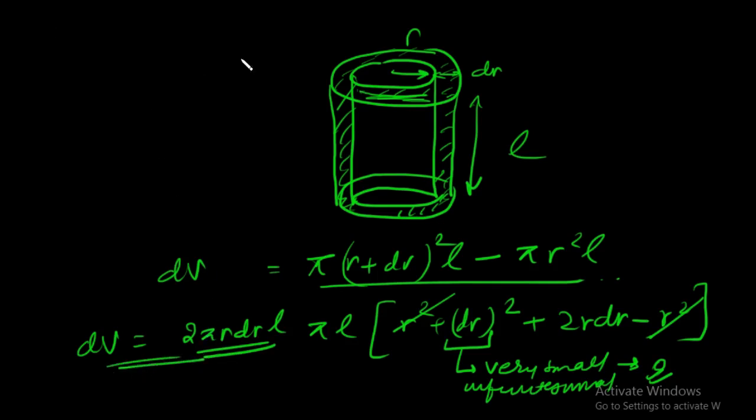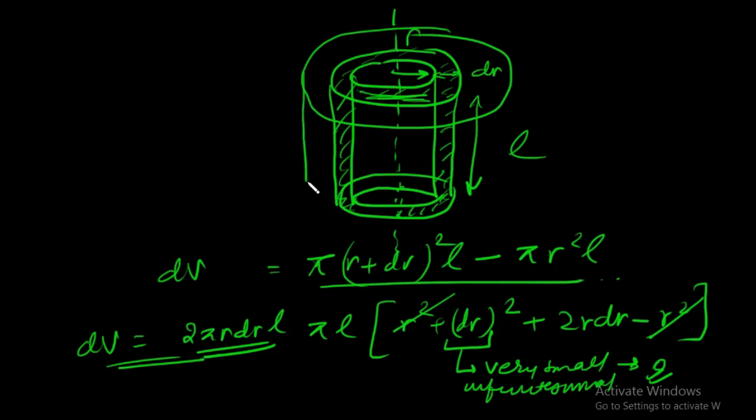So now I have to calculate the moment of inertia of this cylinder, with the axis passing through the center, and this is the bigger cylinder. This bigger cylinder has length L. The lengths of both the cylinders are equal.